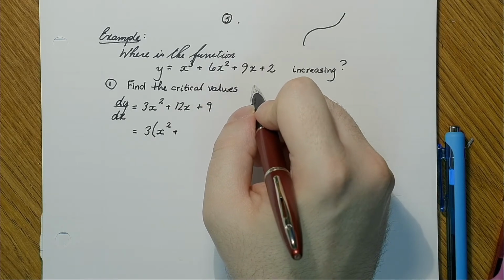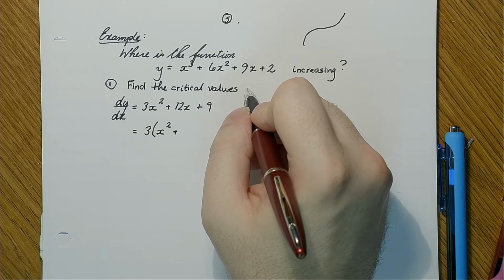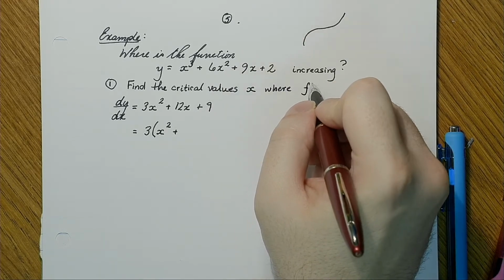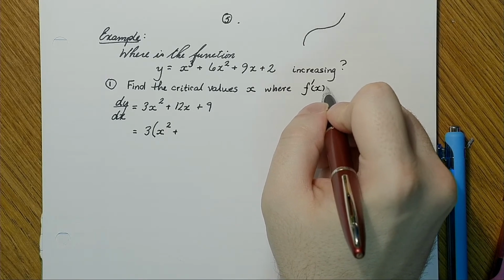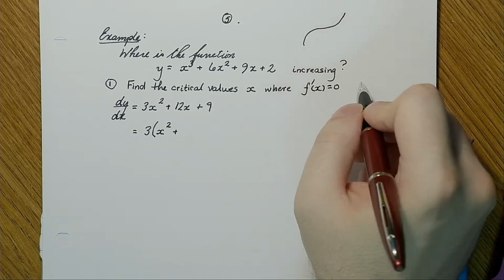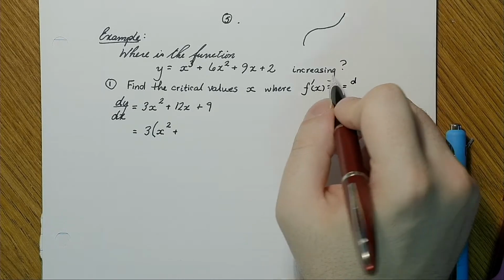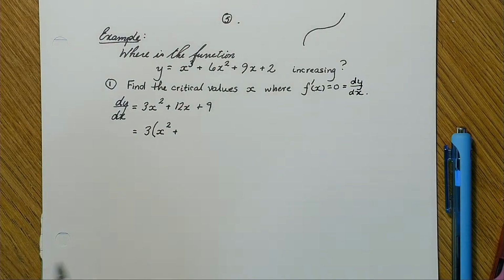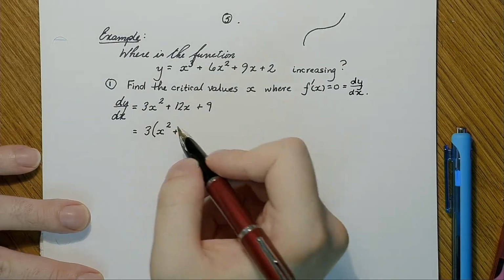Now I was used to writing f prime of x equals 0. But in this case, we've got a y function here, so it's dy by dx. So I am going to find the derivative.